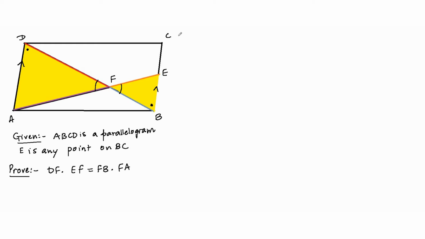So, let us now construct the proof. First, I'm going to show that these two angles are equal. So I will say ABCD is a parallelogram in which AD is parallel to BC.